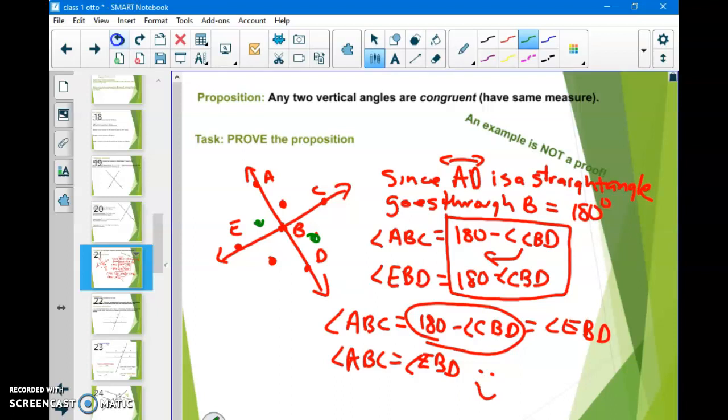No. Did I use any numbers in here to make it an example instead of using all variables? Well, the only number I used is 180, and that's the measure of a straight angle. Other than that, I didn't use any numbers to make it an example. So that would be a proof.